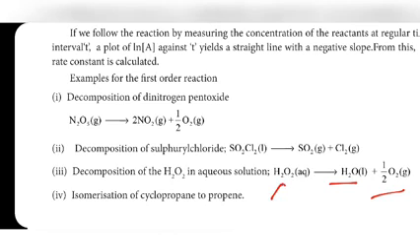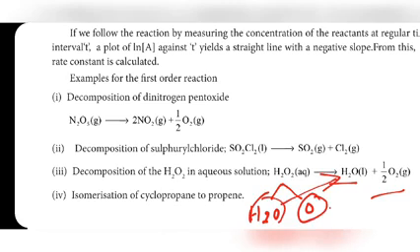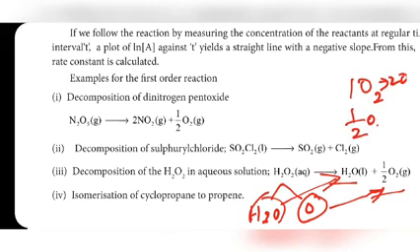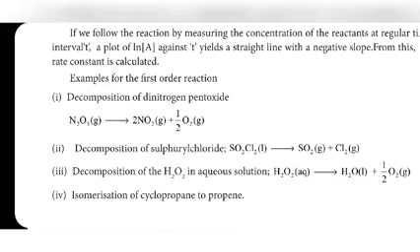This H2O2 splits into H2O and O. One O2 contains two oxygen atoms, so half O2 means it contains one oxygen atom.